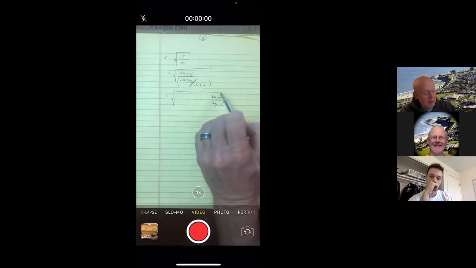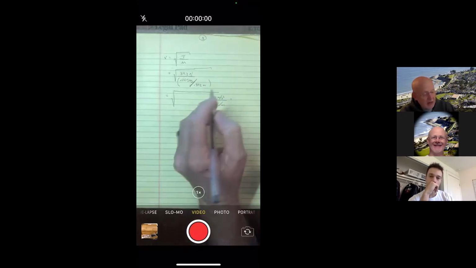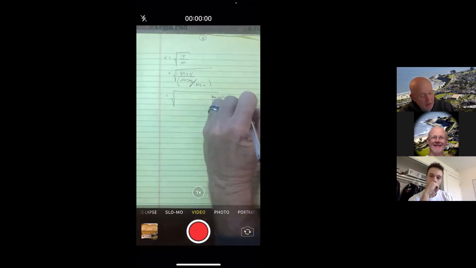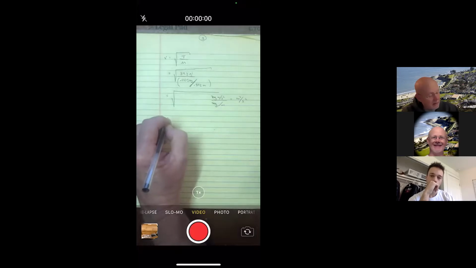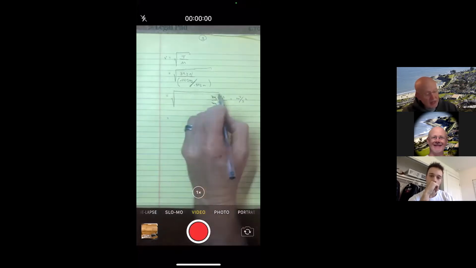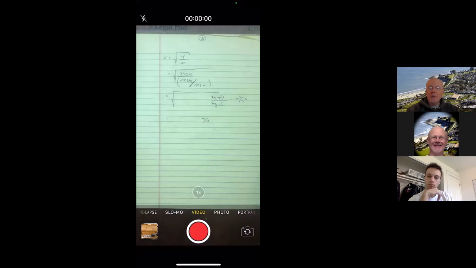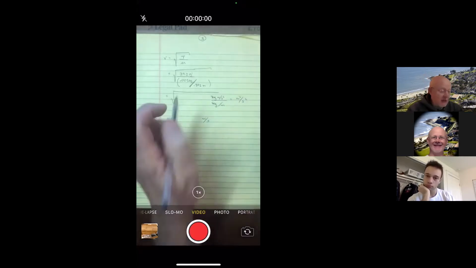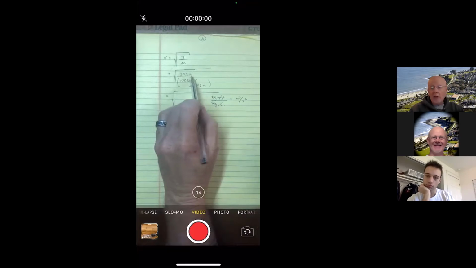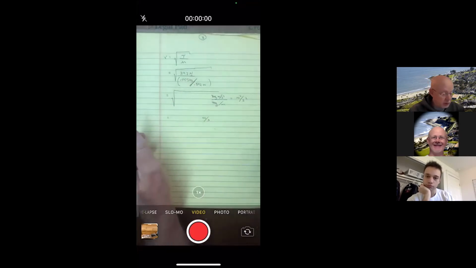The meter would come upstairs and become a meter squared over second squared. And so when you take the square root, you end up with meters per second. So the units work out appropriately, but they only do if you make sure you put your mass in kilograms when your tension is in newtons.